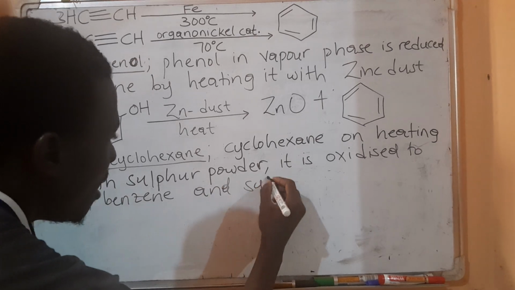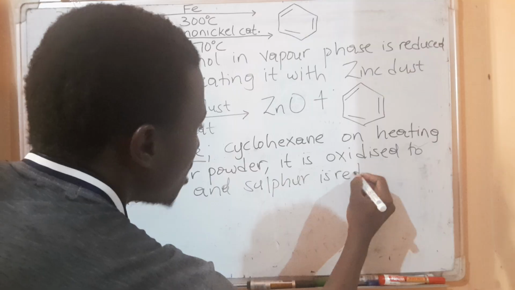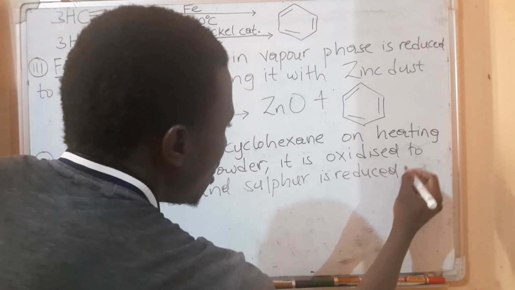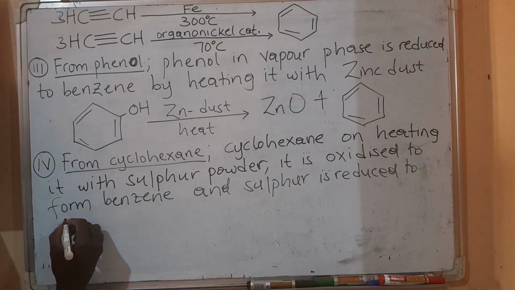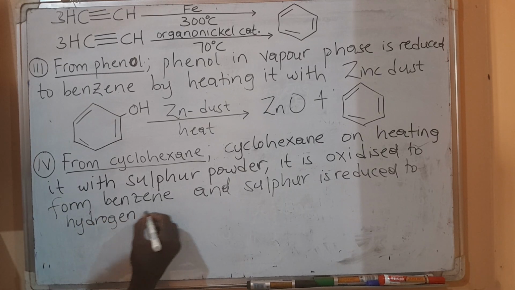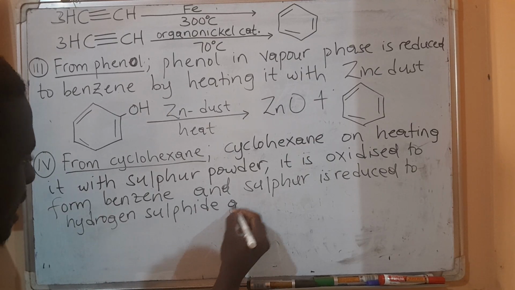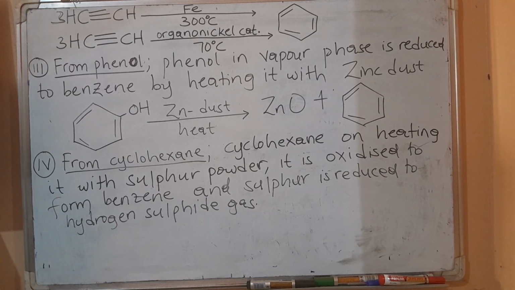And sulfur is reduced to hydrogen sulfide gas. So this reaction is disadvantageous because the gaseous product obtained in this case, which is hydrogen sulfide, affects the percentage yield of benzene.